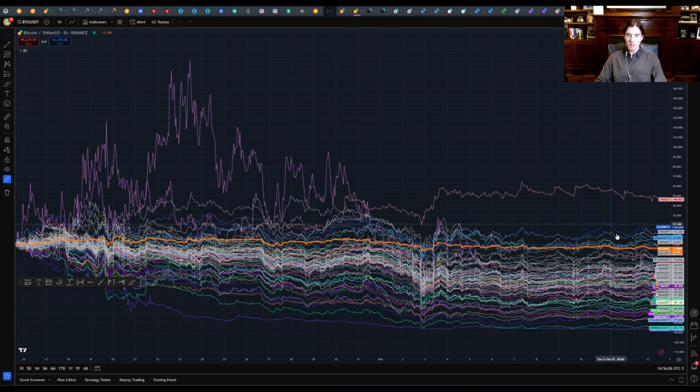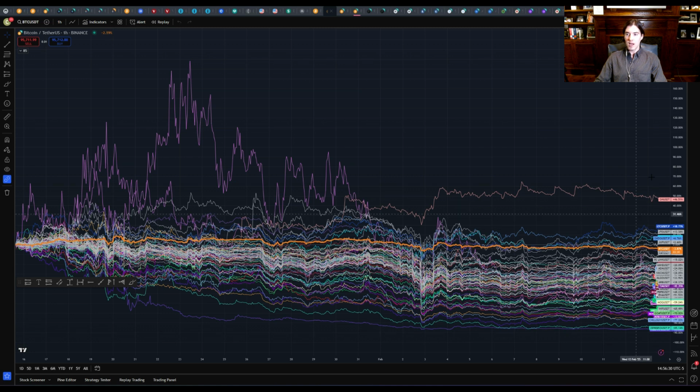But basically, the way I use spaghetti, I'm looking at this on a 30-day, a 3-day, and a 1-day trailing basis. And I am essentially just writing down what I see as the outliers on the positive side up here above Bitcoin. And then I'm looking for the ones down here that are the absolute underperformers.